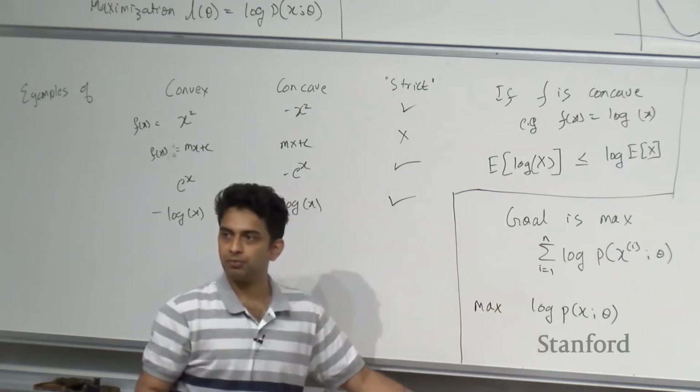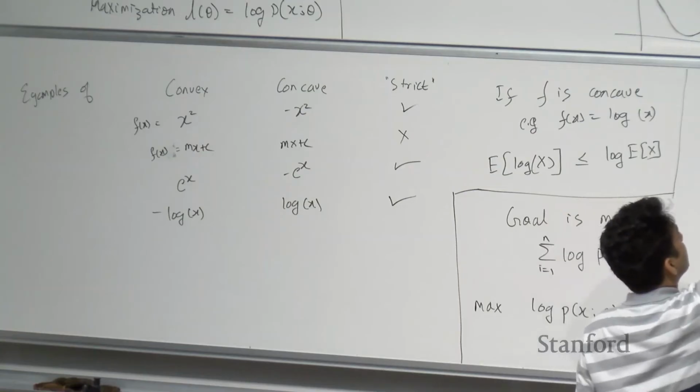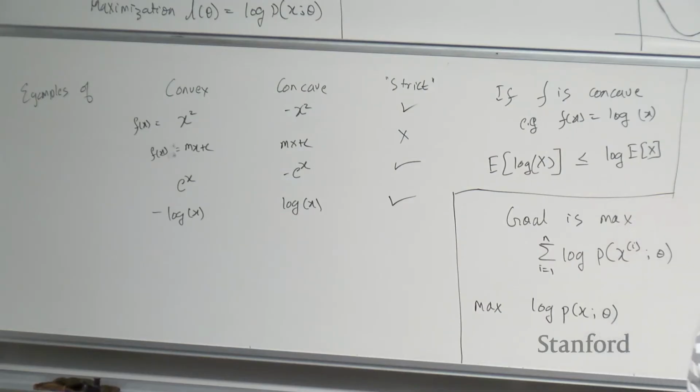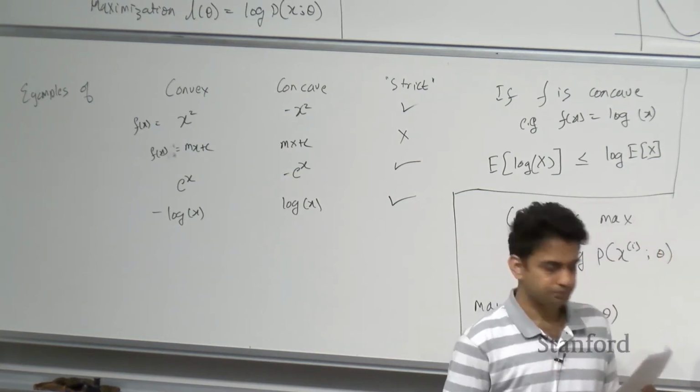The first thing we're going to do is write log p of x comma theta is equal to log of the sum over z of p of x, z, theta. First, we're going to marginalize out z.